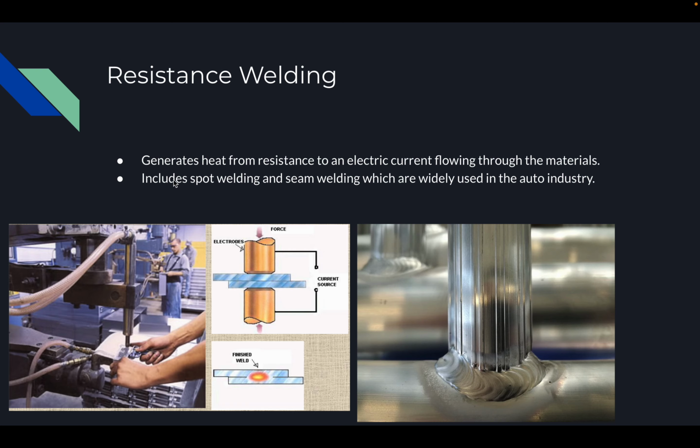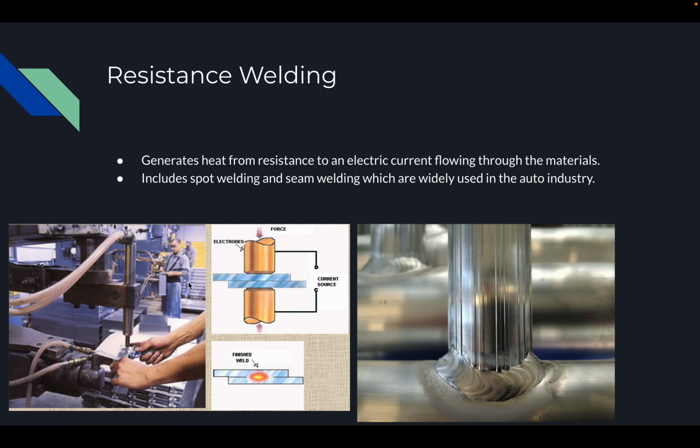Resistance welding. This one was a little bit new to me. I had never seen anything like it. So here, in resistance welding, it generates heat from resistance to an electric current flowing through the materials. It includes spot welding and seam welding, which are widely used in the auto industry.